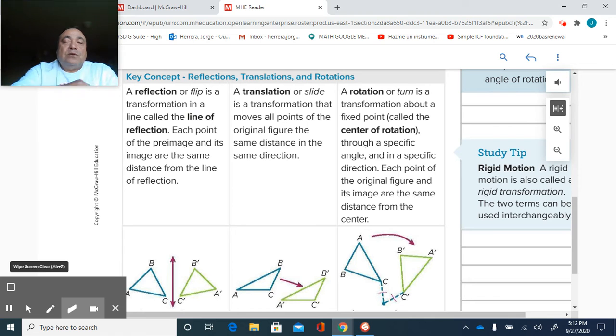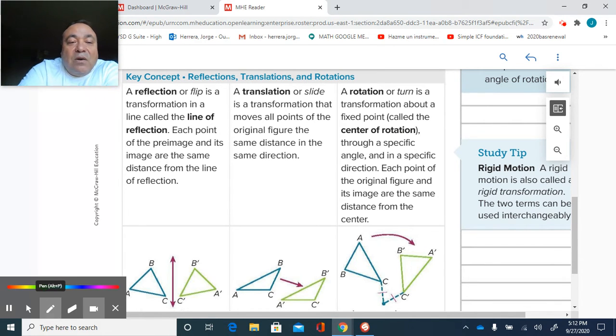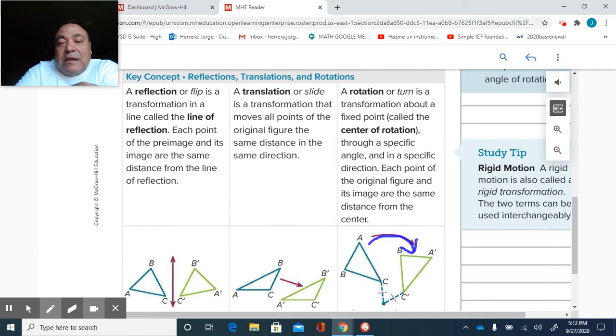You can see how these images move this way, clockwise, and sometimes we might have to do it counterclockwise. One is a reflection, the other is a translation, a slide, and the rotation is when you actually turn the figure.